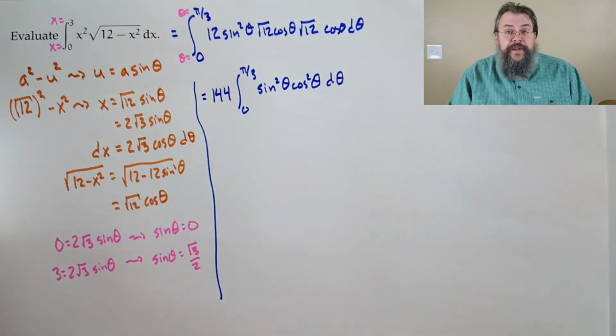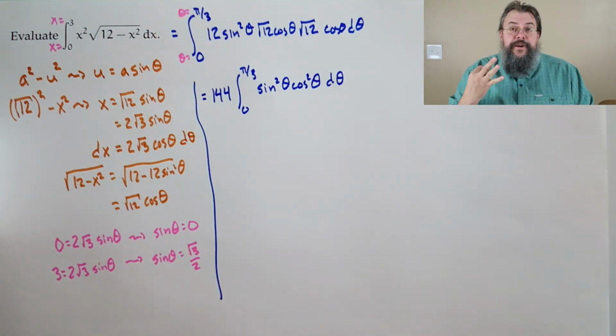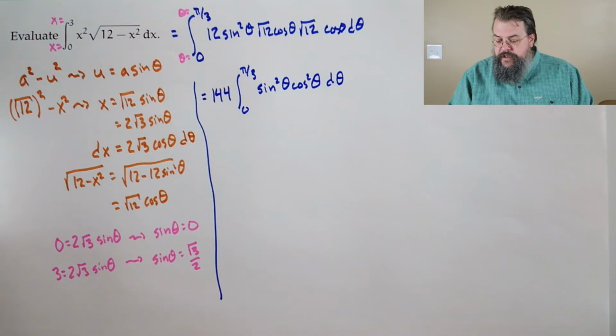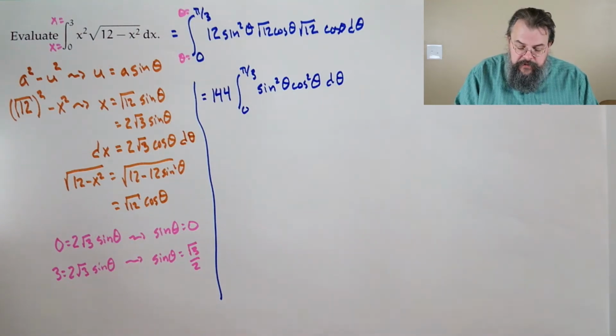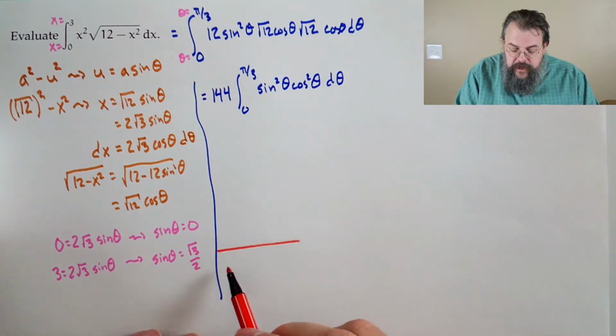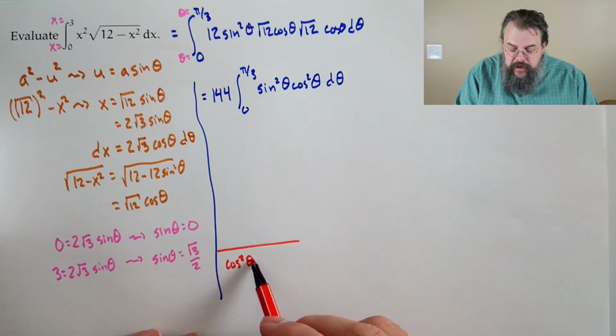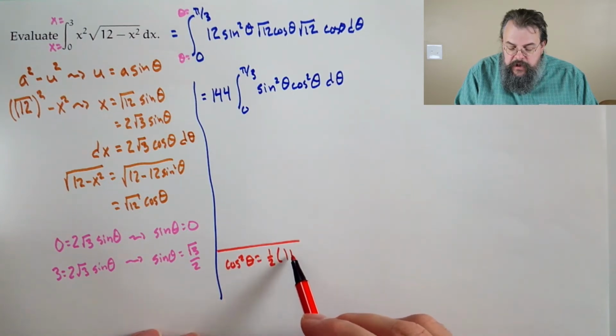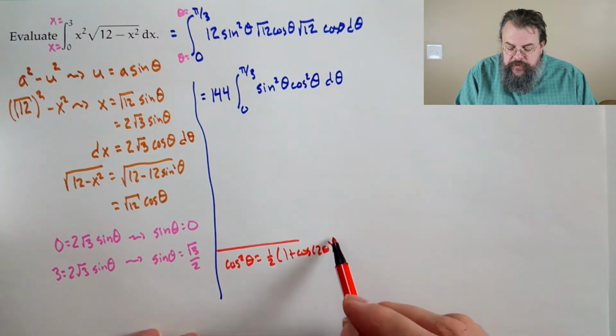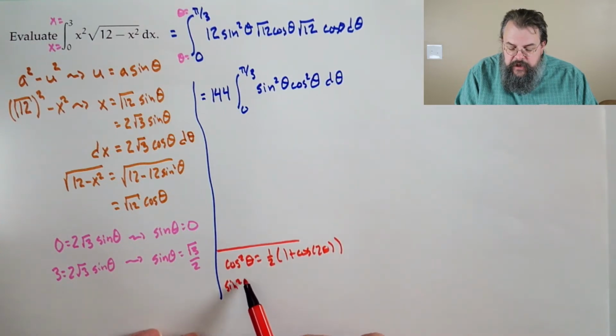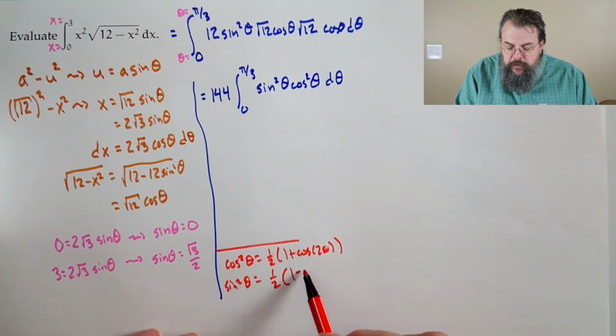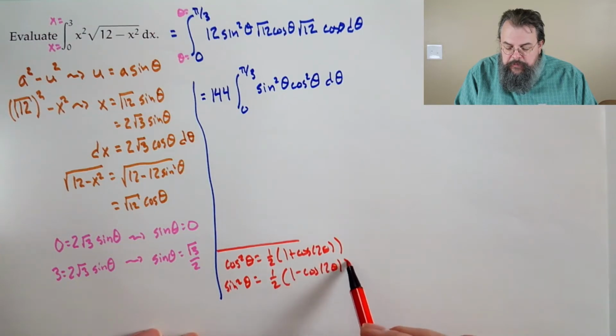Now, how does power reduction work? There are 3 identities that relate to power reduction. And they are as follows. Cosine squared is 1/2 times 1 plus cosine 2 theta. Sine squared is 1/2 times 1 minus cosine 2 theta.